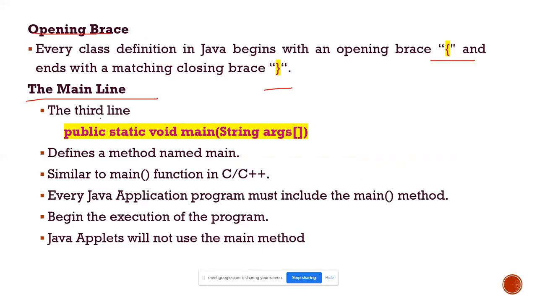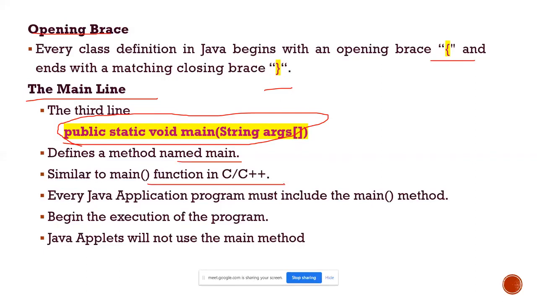The third line given in the program is public static void main, String args. Args means arguments: what are all the arguments you are passing to the program? It defines a method called main. It is similar to the main function in C and C++, where you have the main function.